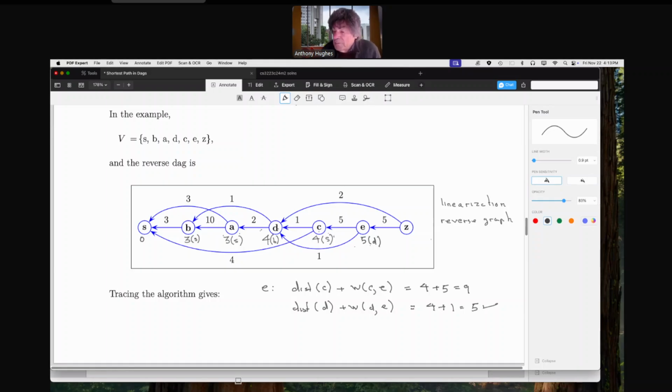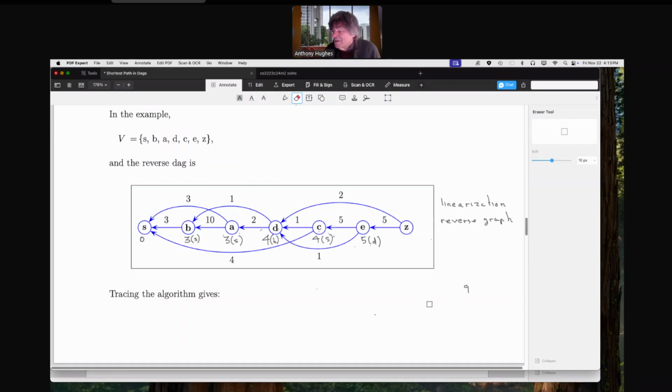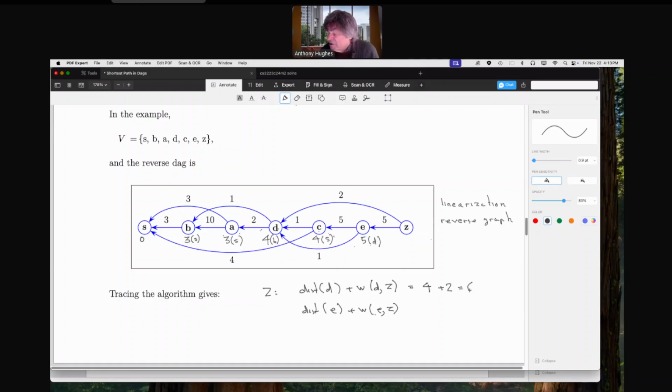Okay, one more. We got Z. So Z, we have the distance to D plus the weight of D to Z, or we have the distance to E plus the weight of E to Z. And the distance to D is 4, and the weight is 2, equaling 6.